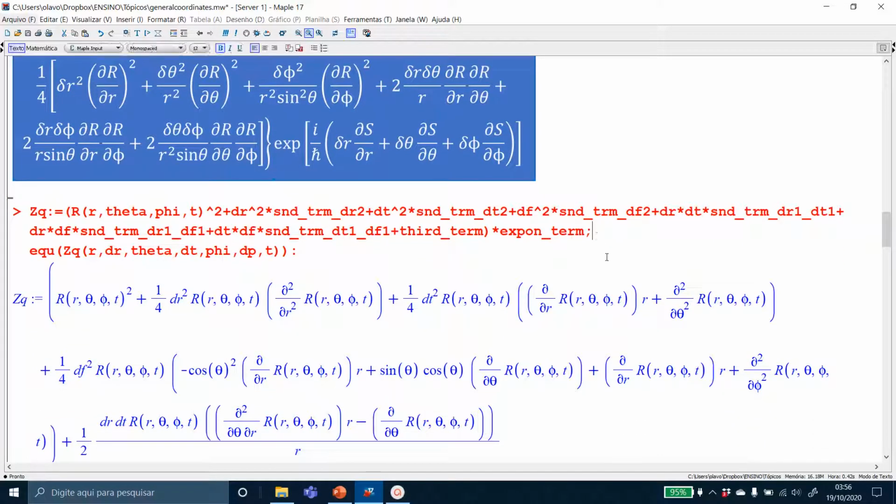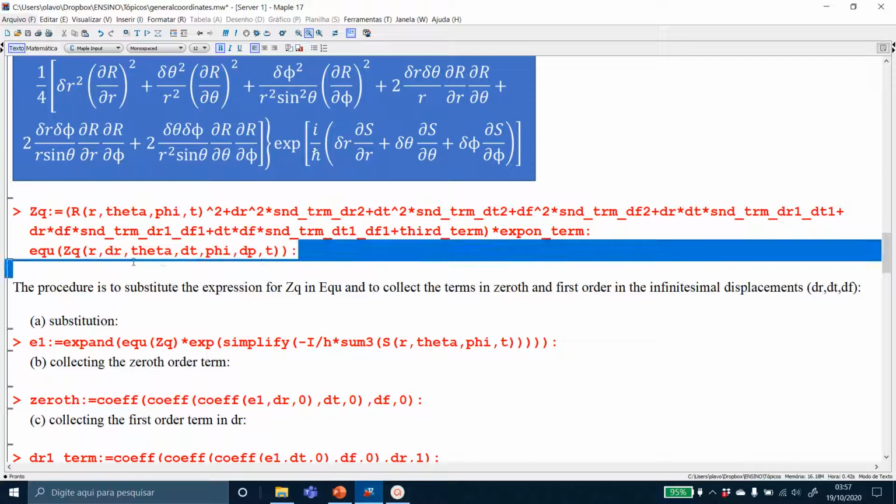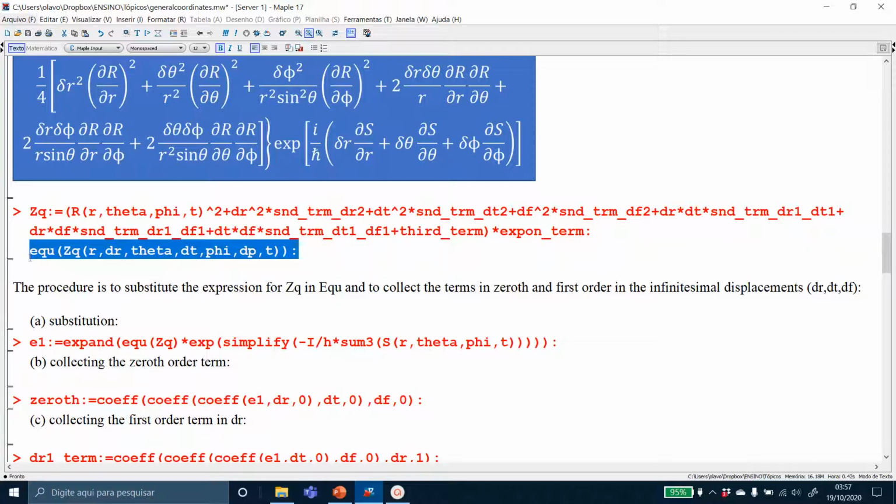Let's just put this to get a cleaner video. Notice that we are also applying the equation to ZQ here, okay? So we have also the result of applying the ZQ to the equation.